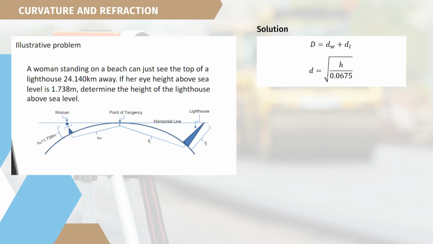Now let us have an illustrative problem. A woman standing on a beach can just see the top of a lighthouse 24.140 kilometers away. If her eye height above sea level is 1.738 meters, determine the height of the lighthouse above sea level.